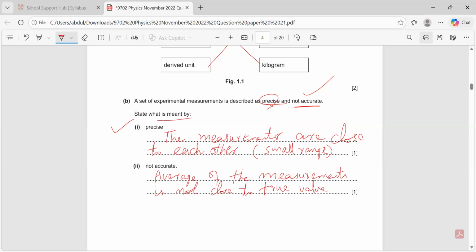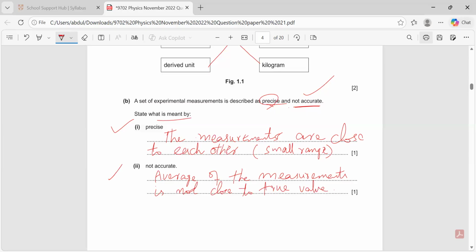Okay. Now see here, my dear friends. Very simple. Like I told you 10.21, 10.23, 10.20. So what will be their average? Their average will be almost 10.21. So that is not close to 9.81. I'm talking about the value of acceleration due to gravity. So these are the definitions. Very simple.